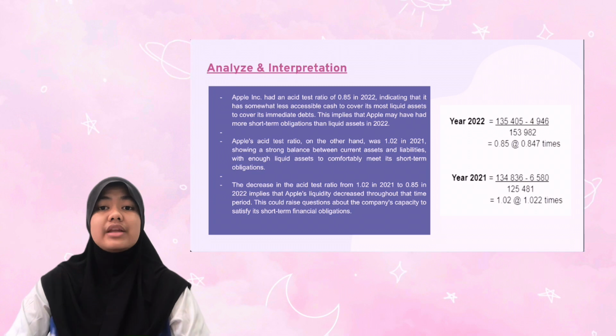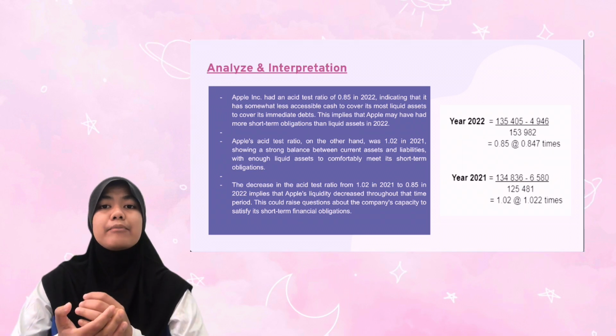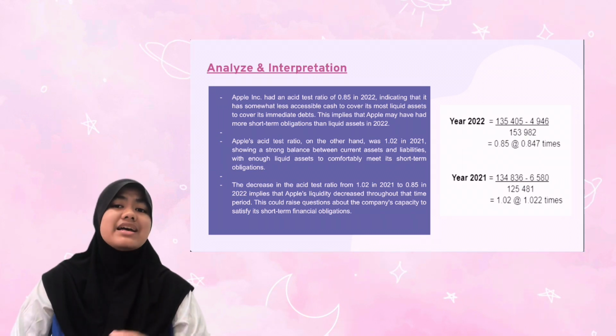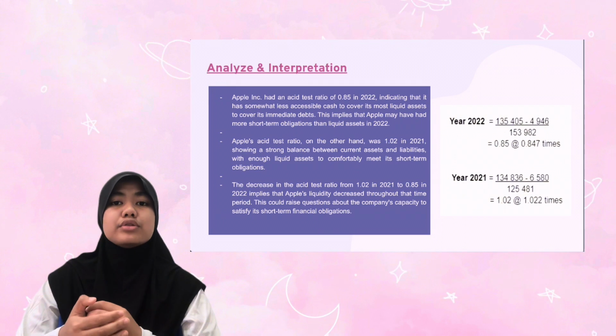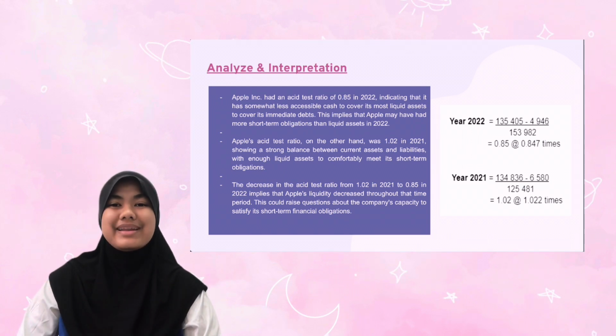However, in 2021, Apple's asset test ratio was 1.02. This ratio is higher than 1.0, indicating that the business had enough liquid assets in 2021 to easily cover its short-term obligations. It shows that in 2021, Apple's current assets and liabilities were in excellent balance.